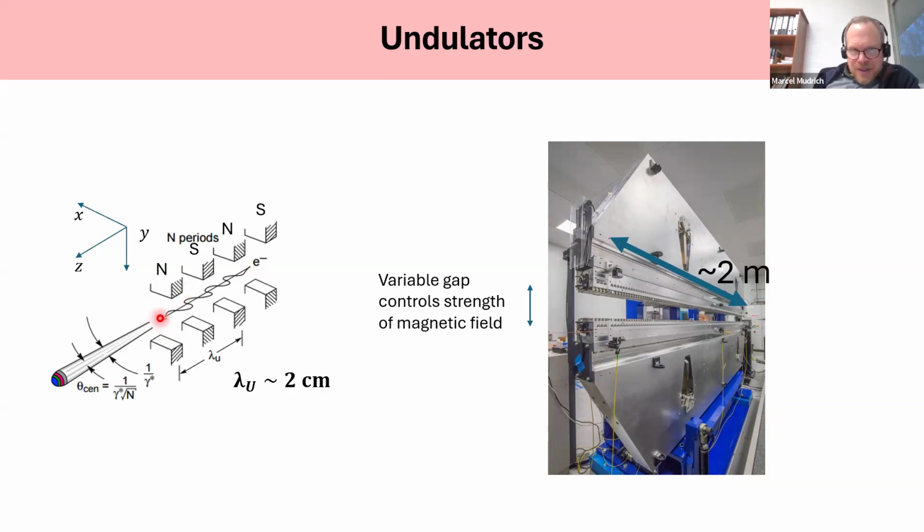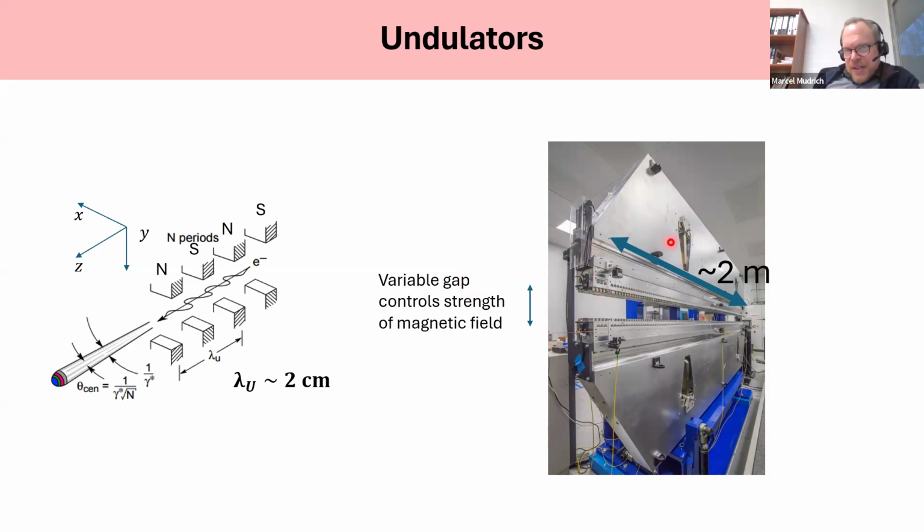But since we want strong magnetic fields, which are most conveniently generated by permanent magnets, and permanent magnets cannot be controlled in their magnetic field, the only way of having a knob for controlling the magnetic field is to mechanically change what is called the gap between the poles of the upper and lower array of permanent magnets. So the undulator gap is always a very important control parameter that needs to be mechanically controlled very precisely in these undulator structures.